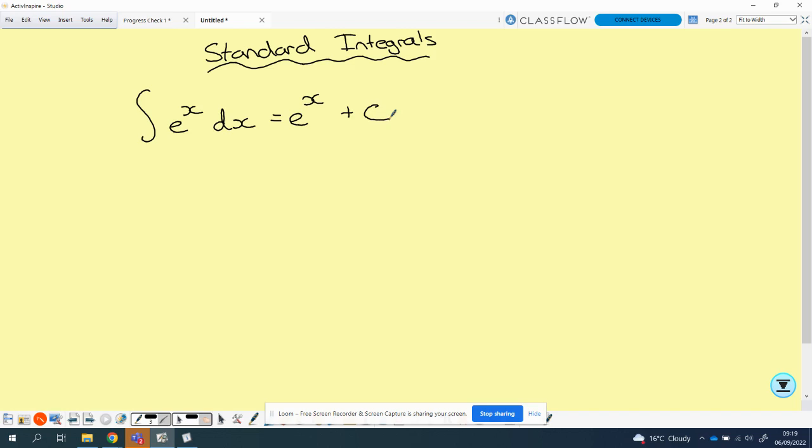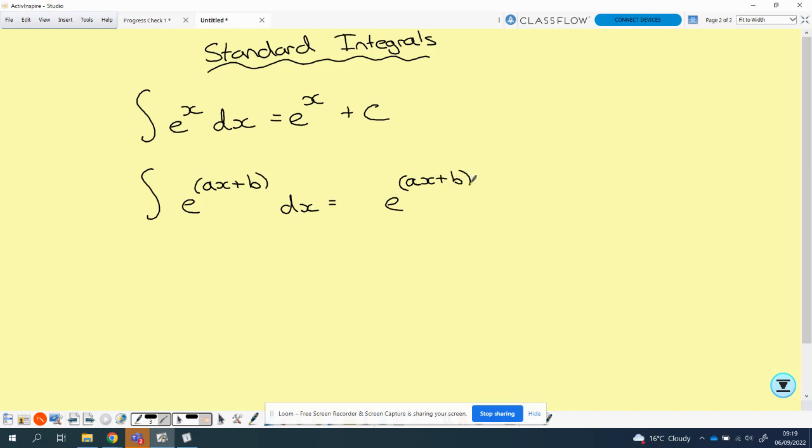However, to expand on that, when you have more complicated things in your powers, so if I've got e to the power ax plus b, a and b are just numbers, then because the exponential stays the same, we still get e to the ax plus b, but we differentiate the power.